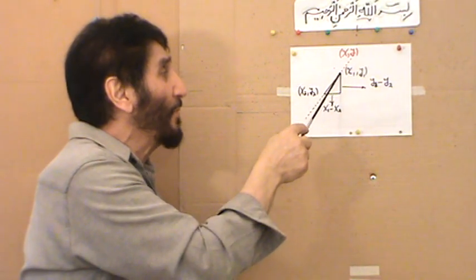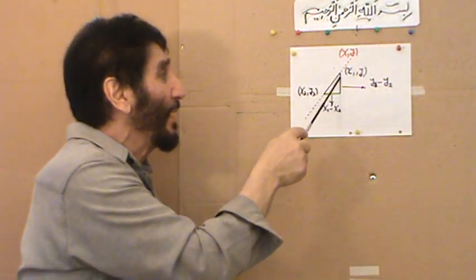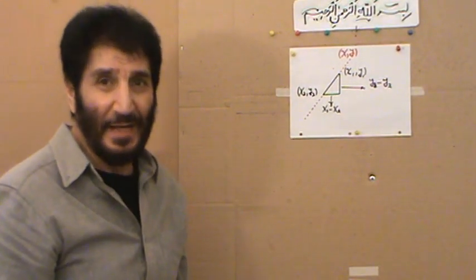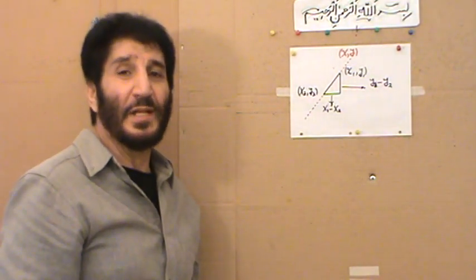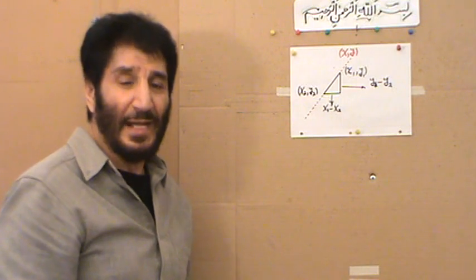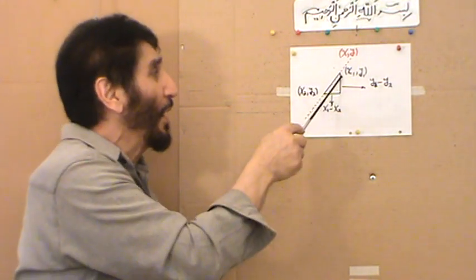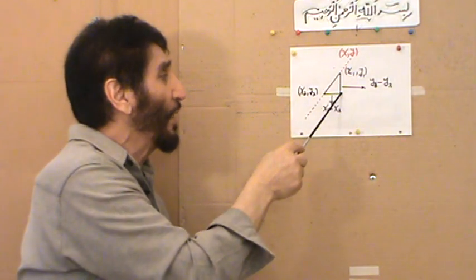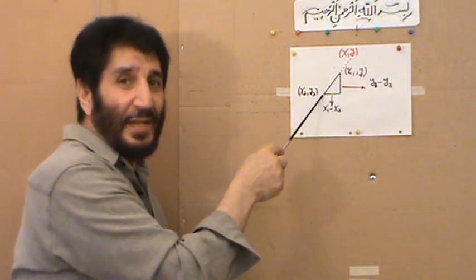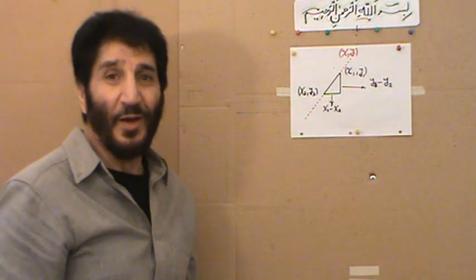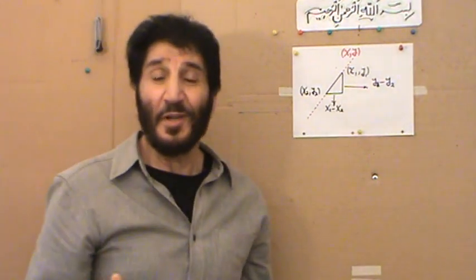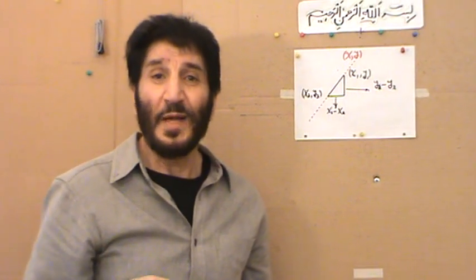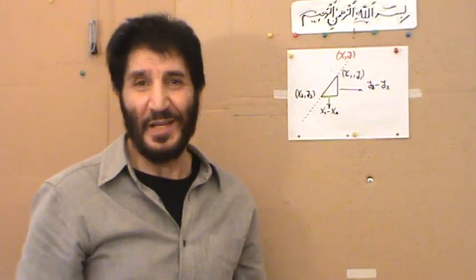That will be the same as the ratio of this length to this length, which is the typical triangle we selected. So y minus y1 over x minus x1 is the same as y2 minus y1, which is the length of this, over x2 minus x1, which is the length of this, which is the slope of the line. Fantastic. Looks like we have also succeeded to come up with the equation of the line.